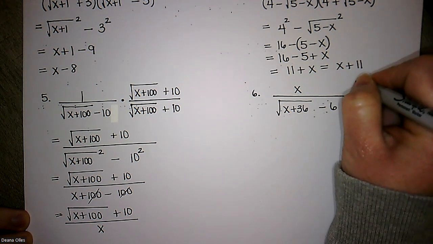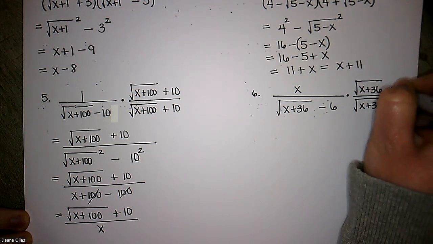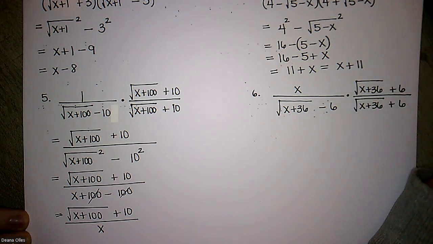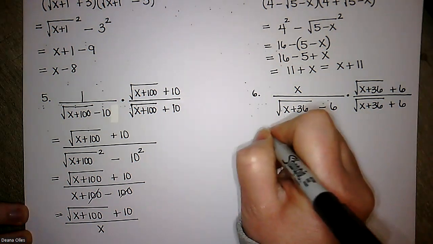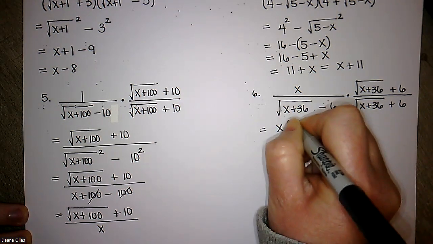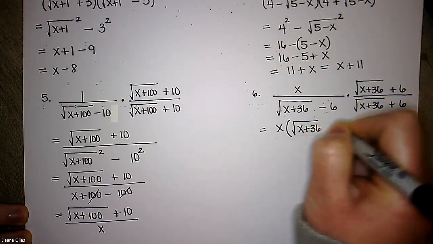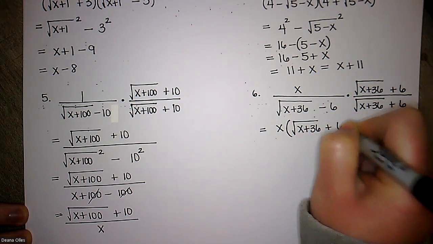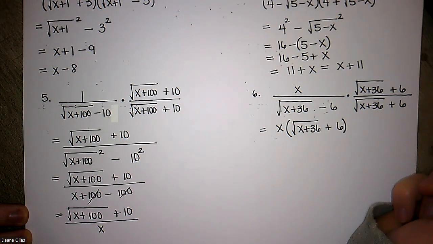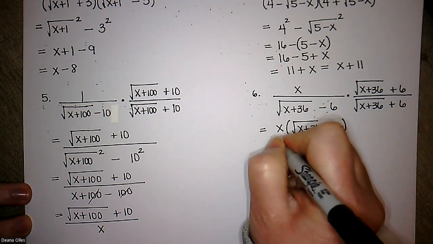But again, whatever I multiply into the denominator, I must also multiply into the numerator, because that's multiplying by 1. So in the numerator, unfortunately, I do have a little bit more going on, but I'm going to leave it in factored form. So x times everything in the second factor: the square root of x plus 36, all plus 6. And I just left that in parentheses times x.